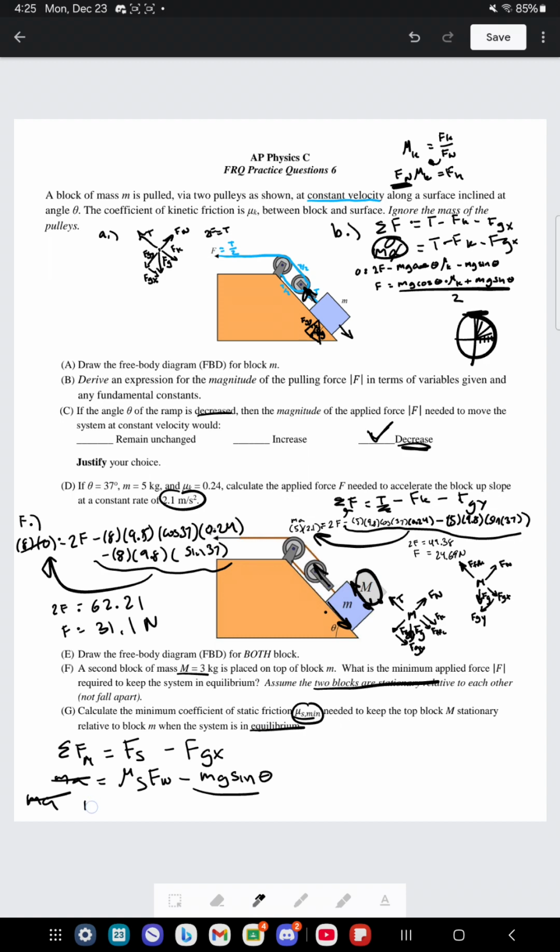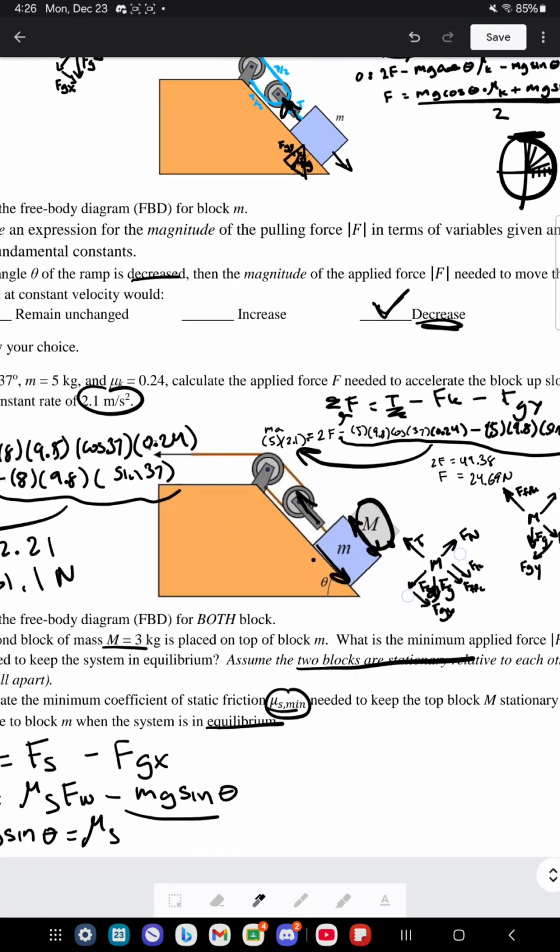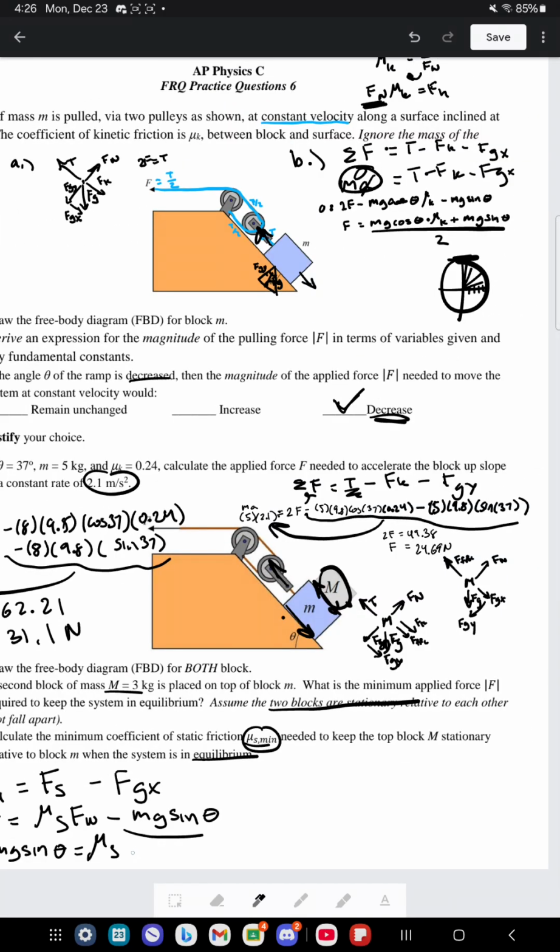So it's mg sine theta equals mu s, and F of n is equal to Fgy, which is equal to mg cosine theta.